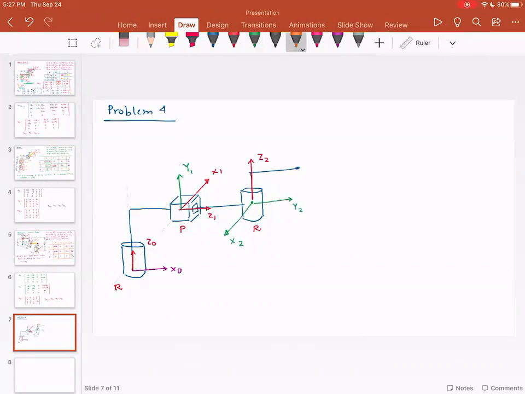And I will use the same trick that the last coordinate system is same as the coordinate system before. So I will have Z2, Z3, Y3, X3. Everyone is okay with my kinematic diagram?